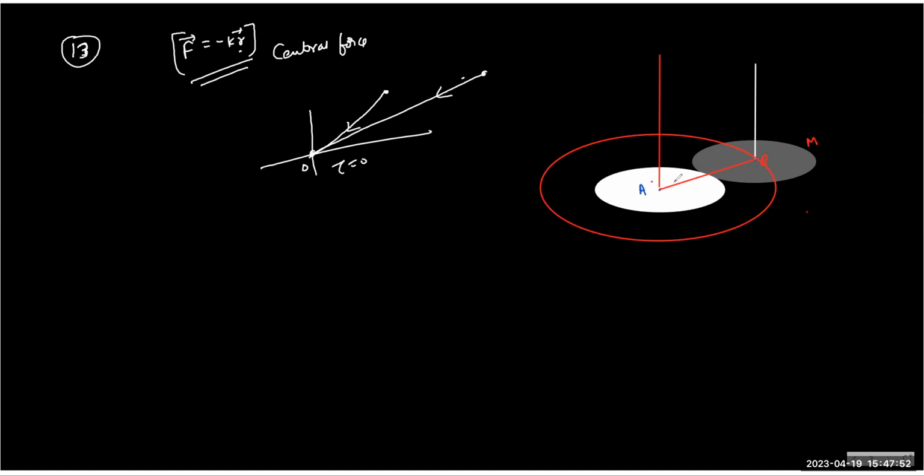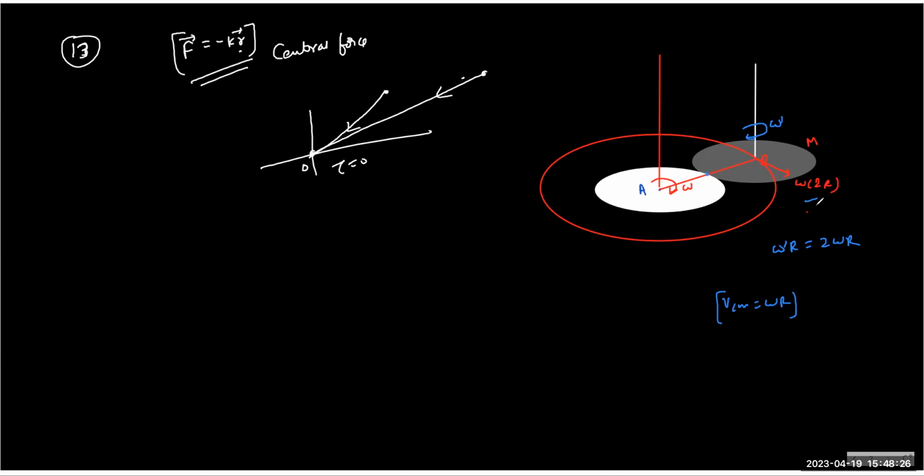So what is the velocity of B? Omega times 2R. Which means the omega of this disk about its own axis for the pure rolling condition must be omega dash R equals 2 omega R, VCM equals 2 omega R, right?